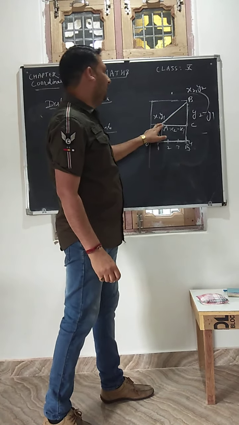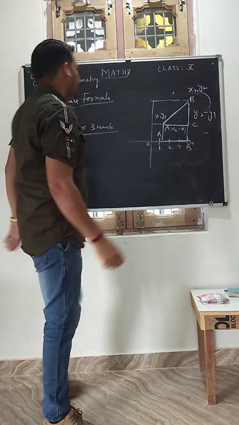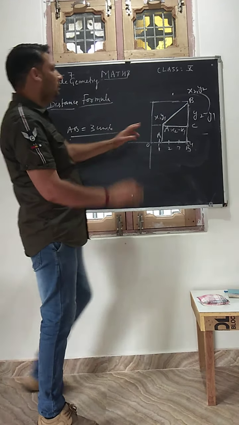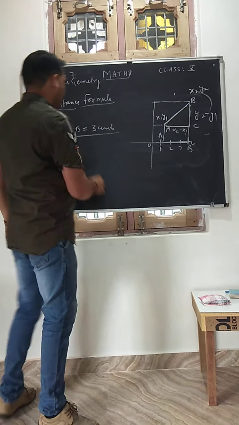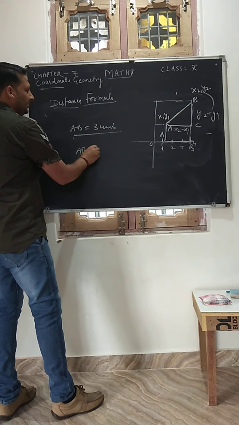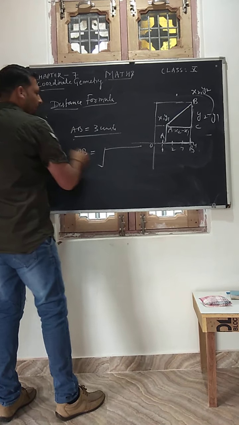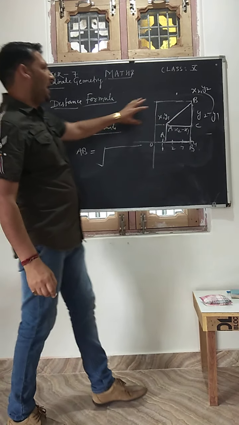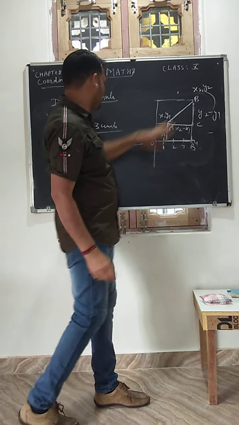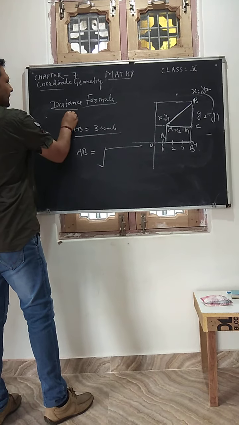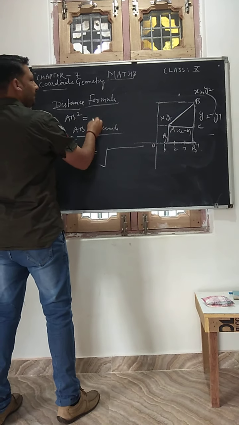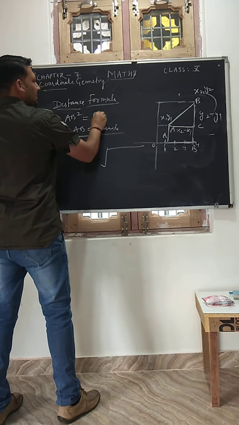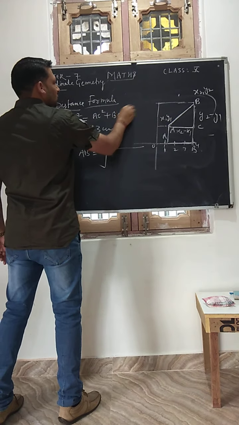Now look, it is a right angle triangle ABC. Then by the Pythagoras theorem we can find the distance AB. AB square, that is hypotenuse square, equals base square plus perpendicular square. Hypotenuse AB square equals base AC square plus BC square.